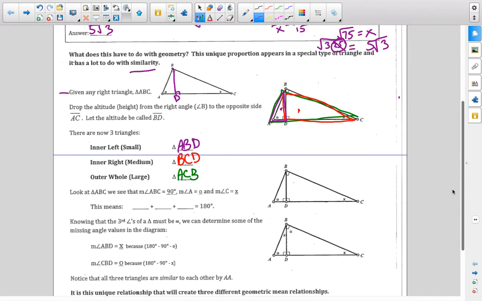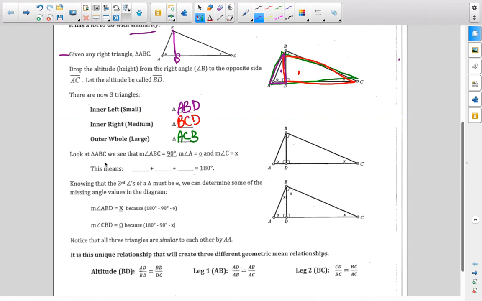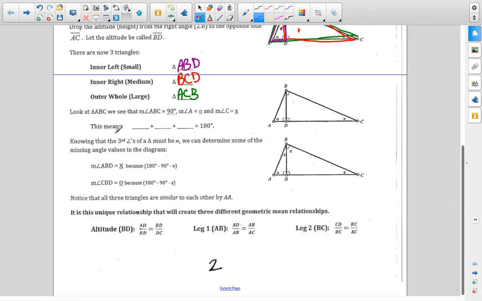So, in looking at triangle ABC, the big one, we see that angle ABC is 90. I did green for the big one. So ABC, we've got this 90-degree angle on our big one. And angle A is O degrees, and angle C is X degrees.